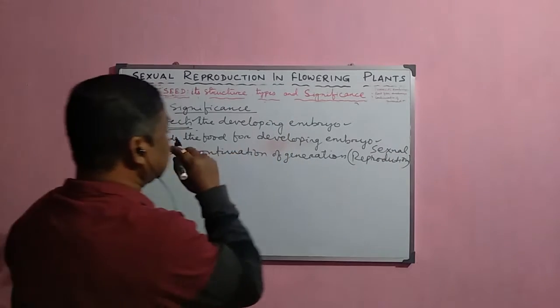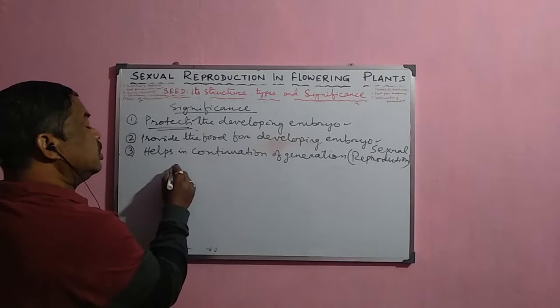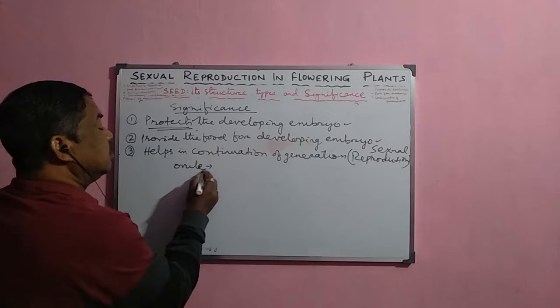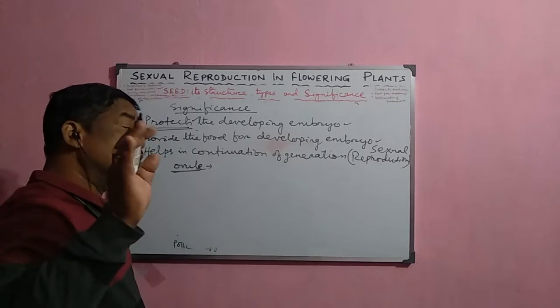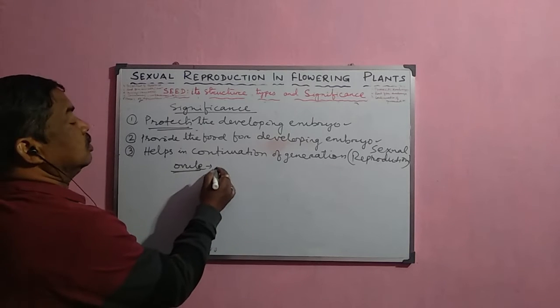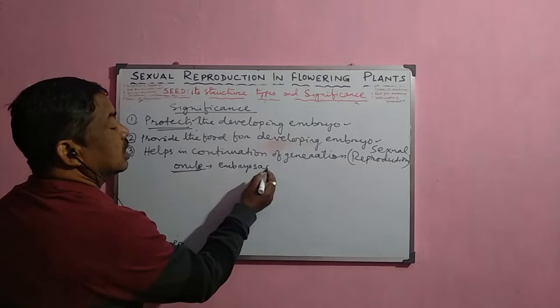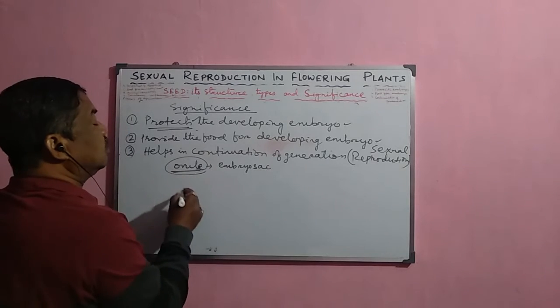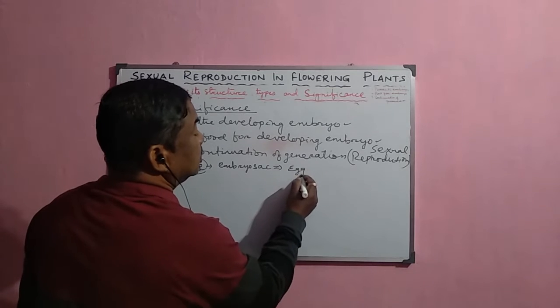During sexual reproduction, the ovule of the female part is present inside the ovary, and inside the ovule the embryo sac is there. The embryo sac is well protected by the ovule, and inside it the egg cell is there.